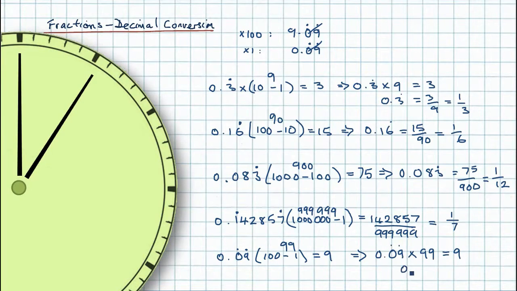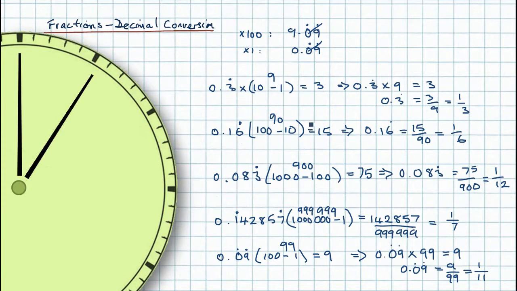So we've got 0.09 recurring equals 9 divided by 99, or 9 99ths, which is another way of thinking about it. And now we can divide out, so we can reduce this, simplify it to divide by 9, 1, divide by 9, 11.